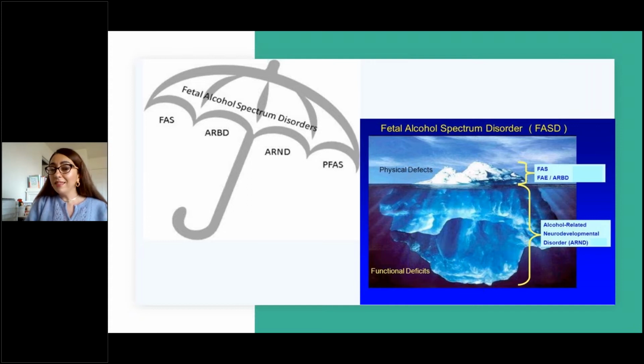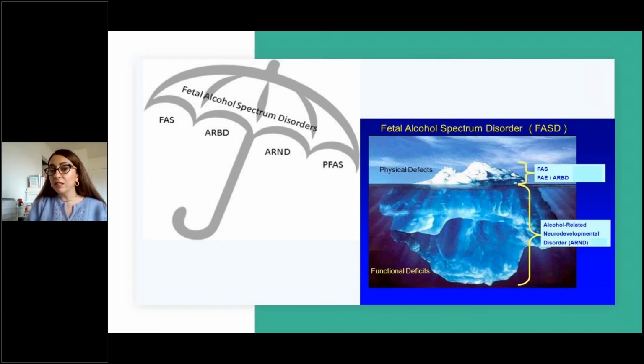And then if you look at the picture on the right, I think that is a very meaningful one, where on the top of the iceberg, what we can see is the FAS. FAS is what we call fetal alcohol syndrome, or the partial fetal alcohol syndrome. This is where we see the actual physical impairments.